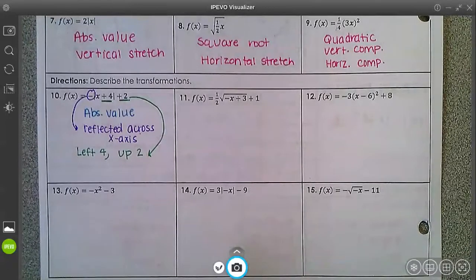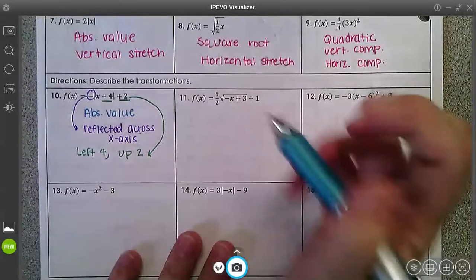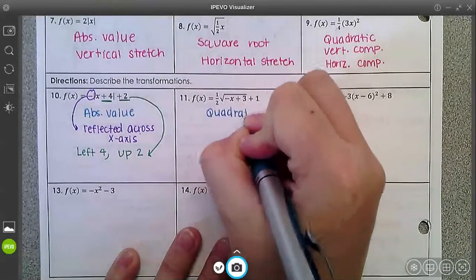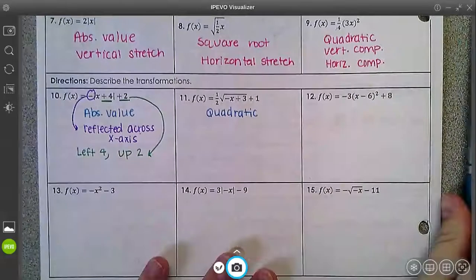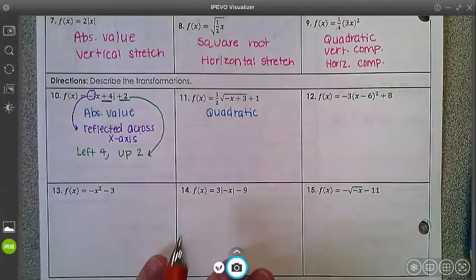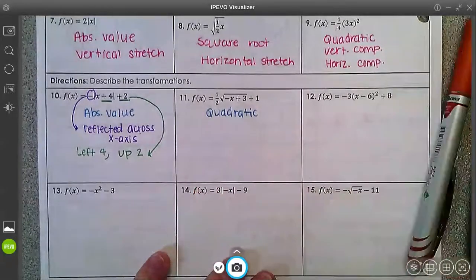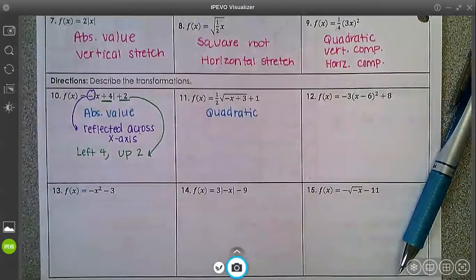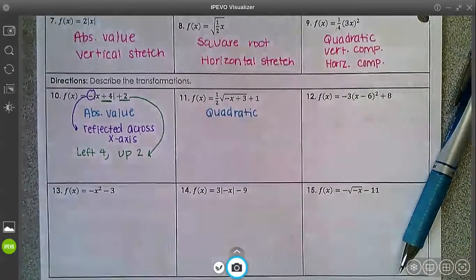Number 11. This is a quadratic. So what do we see in the very front?